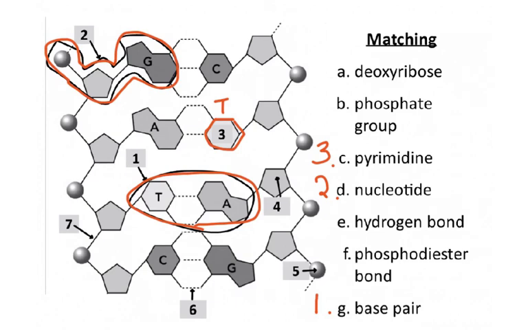Number 4. Number 4 is pointing to this sugar called deoxyribose in the DNA molecule. Number 5 is pointing to a phosphate group on the sugar-phosphate backbone. And number 6 is pointing to the dashed lines holding the two bases together.